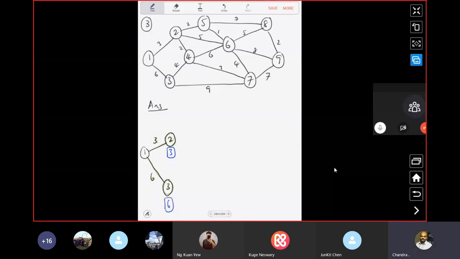Three and 6. Next, the nearest node is 4. What would be the route connecting to this group?